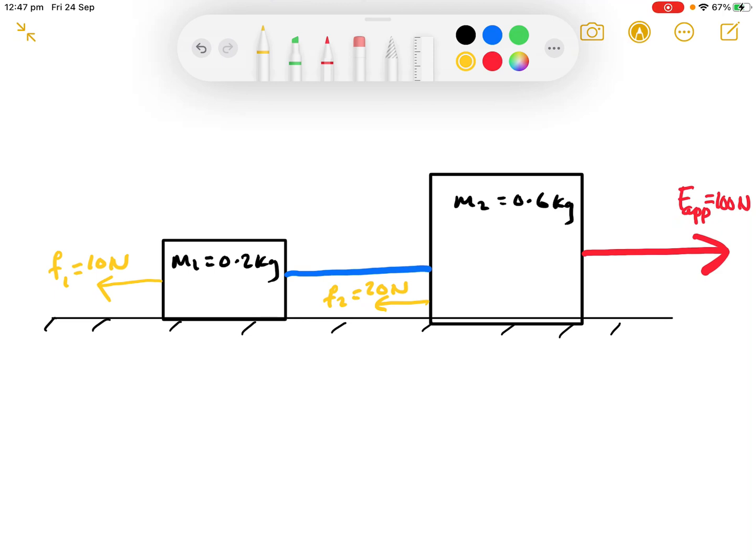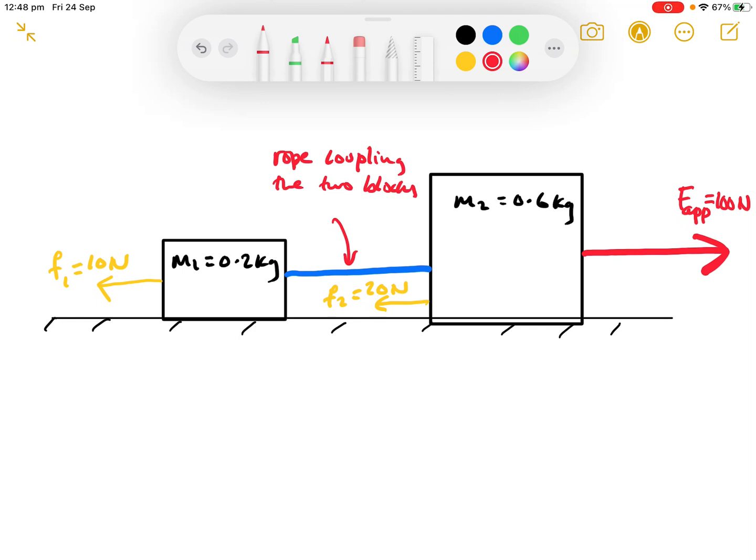So you can see the situation looks fairly involved, and this of course is the rope which couples the two blocks. When two bodies are joined together physically like this, we say that they're coupled. They're joined by a rope or equivalent.